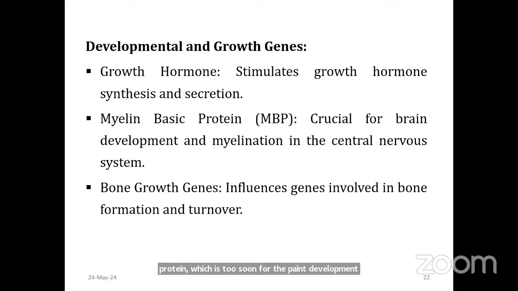So ultimately, at various levels, various kinds of genes are activated by T3, and they bring about various changes like growth hormone synthesis, bone formation and turnover, and for the nervous system, myelin sheath preparation, development, etc.